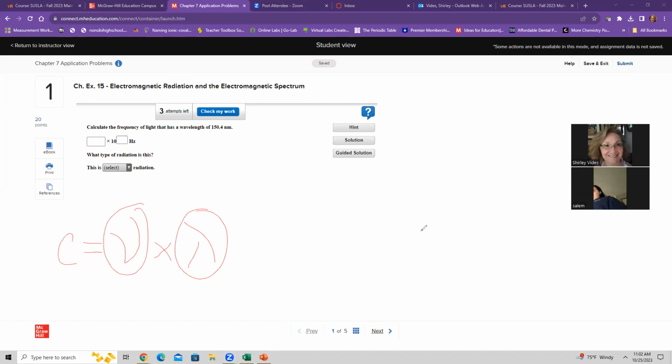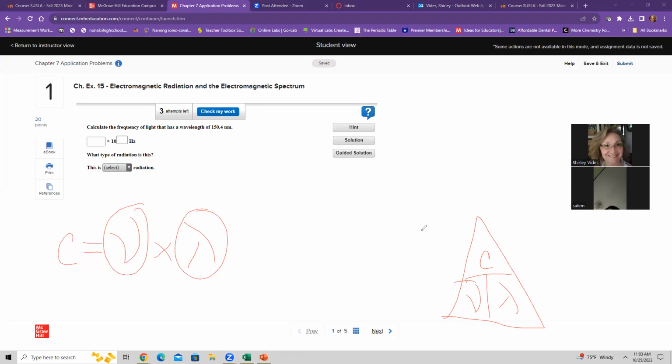So we need to solve for frequency. Remember that triangle? Yes, kind of. This triangle is helpful here too. So nu is c over lambda. You see that?